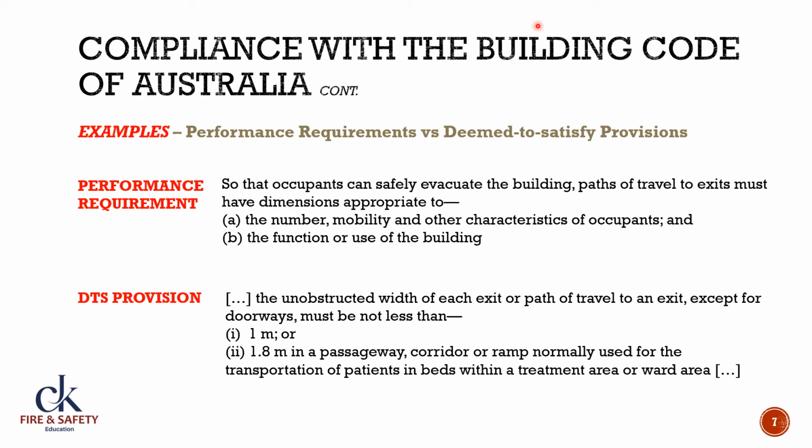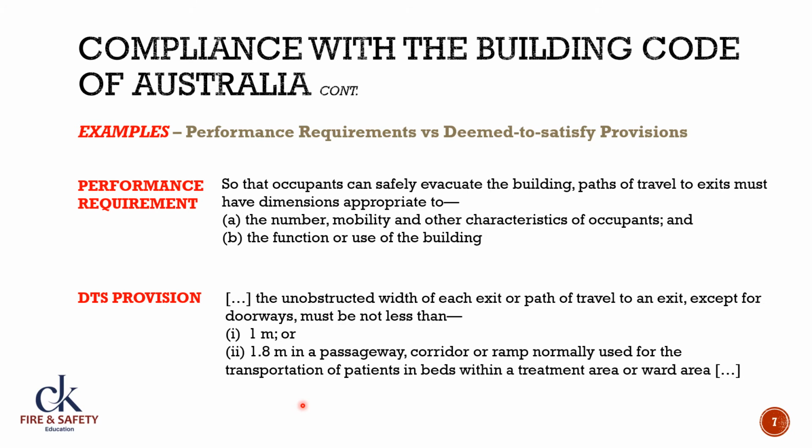A deemed to satisfy provision, however, gives us very specific requirements of what needs to happen. It basically says, provided you comply with the requirements stated in those DTS clauses, you comply with the performance requirements of the BCA.